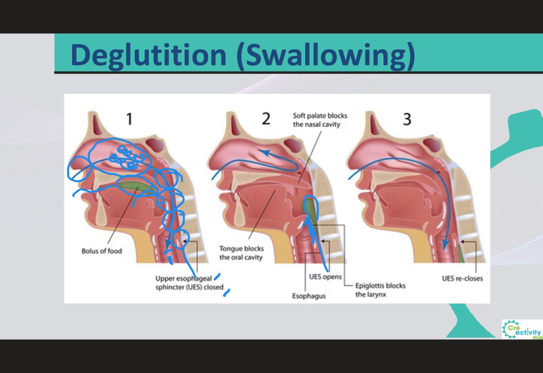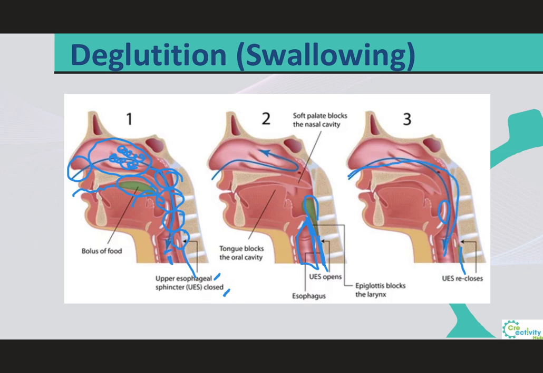Therefore, it blocks the bolus from entering into the trachea and forces it to go down the esophagus. Now, the bolus will then move along the esophagus, and once it continues down into the stomach, the larynx will return to the normal position, as we can see over here, and then you're able to breathe again.